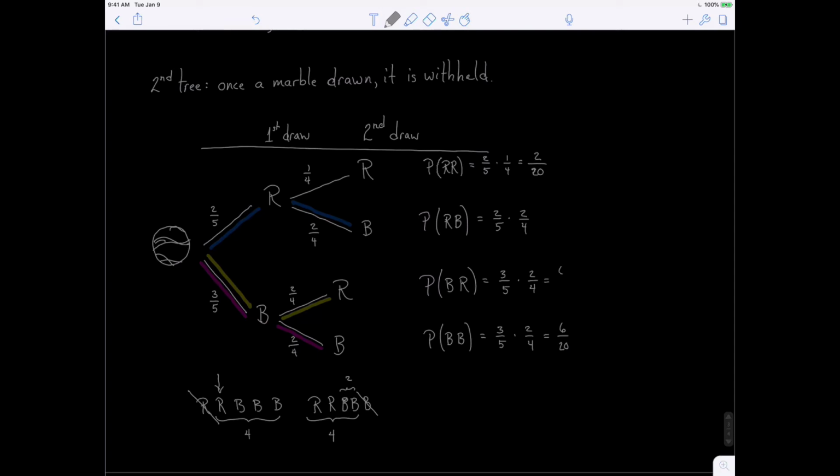This next one is 6 over 20. And above that is 4 out of 20. Now we should always make sure that if we add these together, we get 1. So let's do that. So if I take 2 20ths and I add to that 4 20ths plus 6 20ths plus, how many more? 6 20ths.